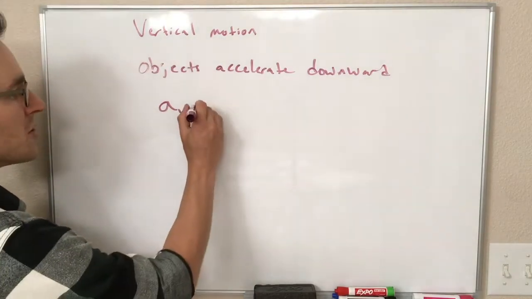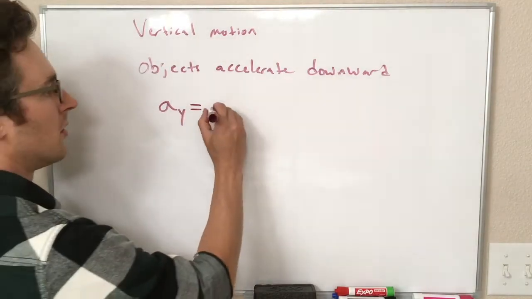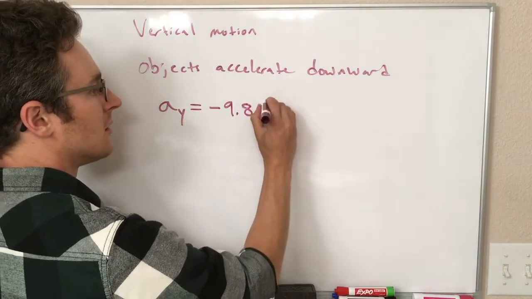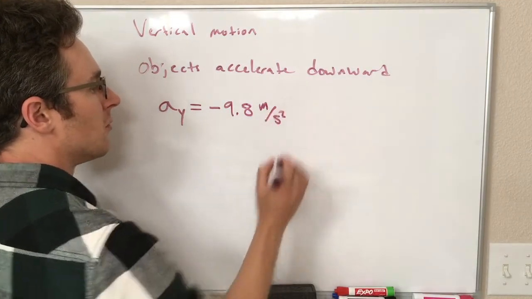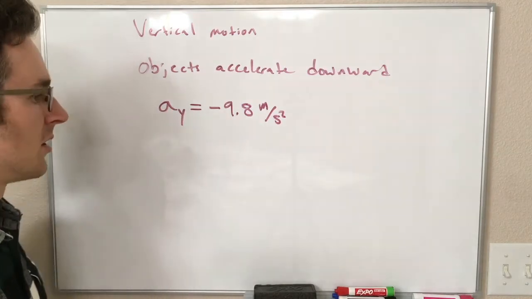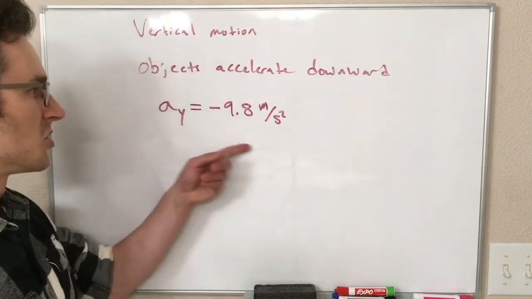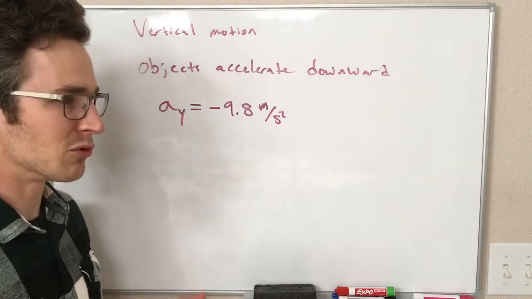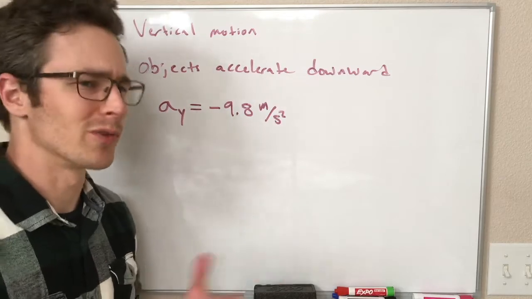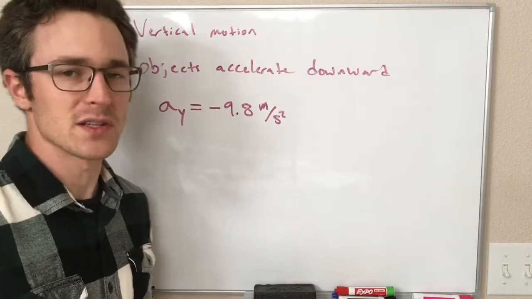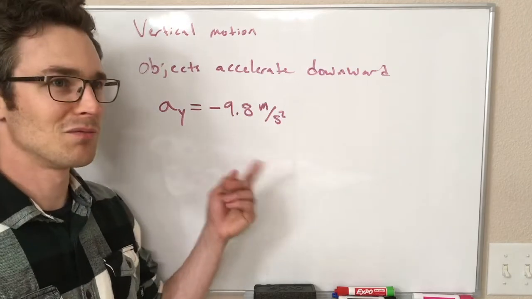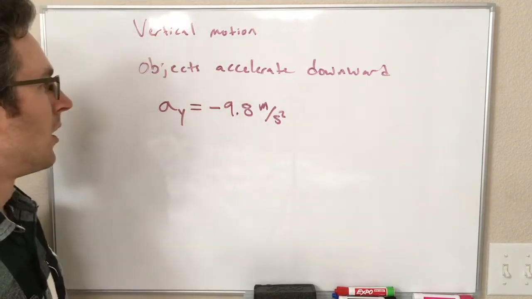Our y acceleration is minus 9.8 meters per second squared. And this is true for all objects. I should admit this can change a little bit if something is moving fast enough for the air to really affect its motion, but for most things and for everything in this class, we're going to ignore that and pretend like this is always true.